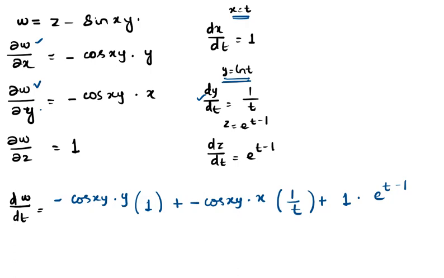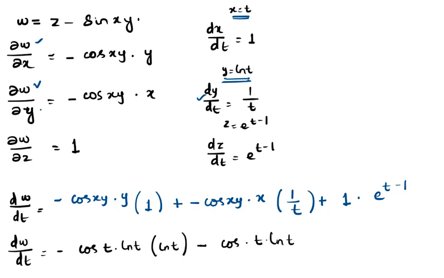So dw by dt is equal to minus cos, x is t, y is log t, and again we have y, so put it as log t, into 1, minus cos t log t, and here we have 1 by t, so we put 1 divided by t.